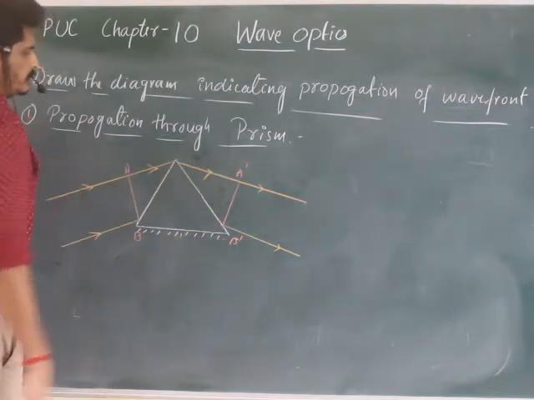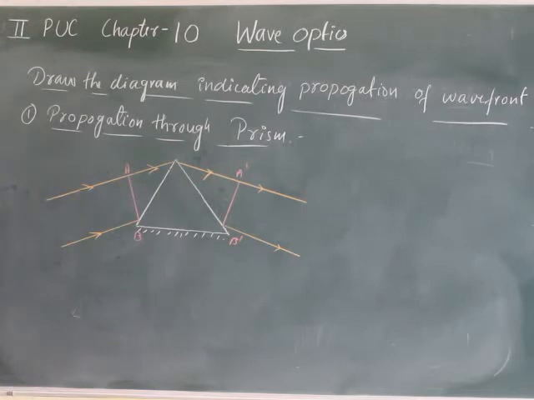So this is how light looks when you take wave theory as a concept and check the diagram: how the wavefront will look when it undergoes refraction through a prism or mirror or some other kind of optical instrument.